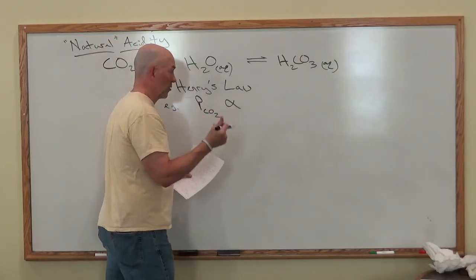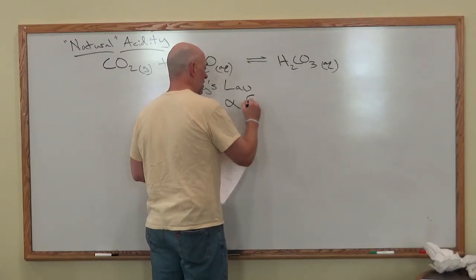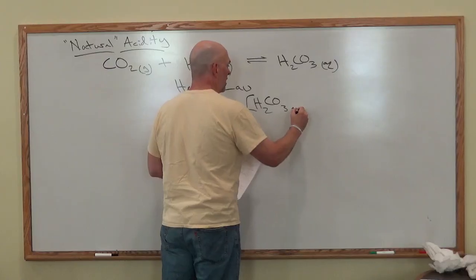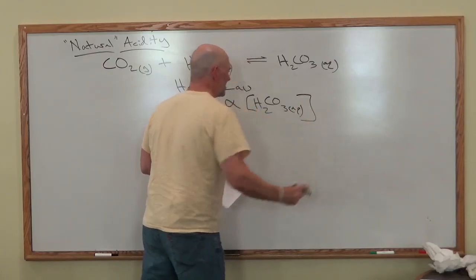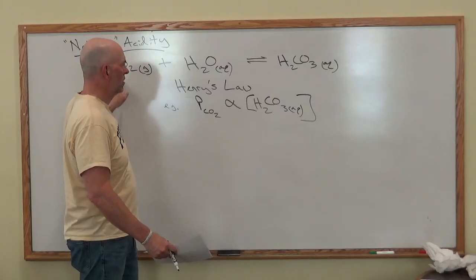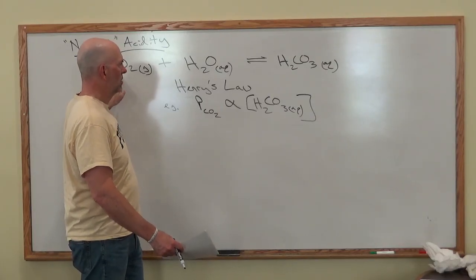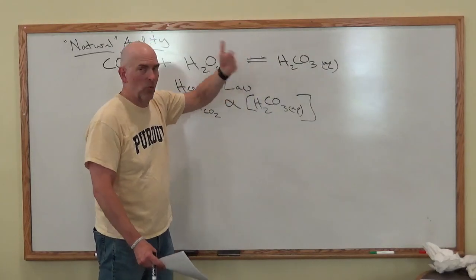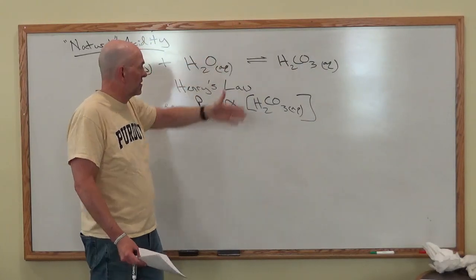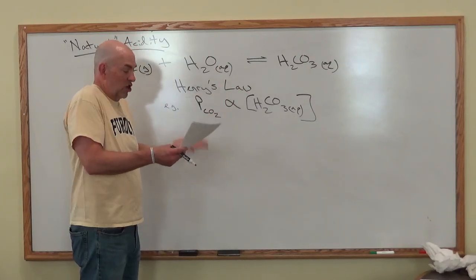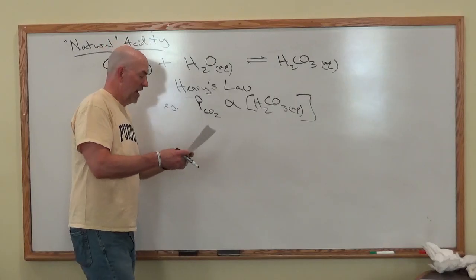It's not equal, it's proportional, if you haven't seen that symbol in a while, to the concentration of H2CO3 that's formed. That may sound kind of obvious. If you have more CO2 in the air, it's going to produce more carbonic acid in an aqueous system, regardless of where that aqueous system is. And that's how we express this symbolically. And then we can actually turn this into an equation.